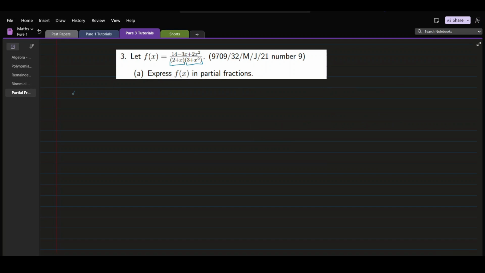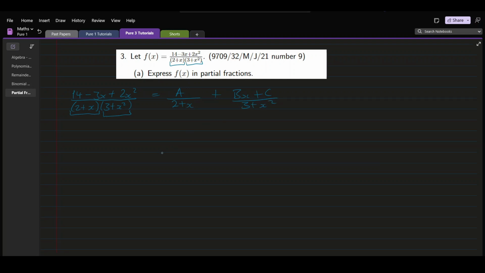So let's write out our f of x, 14 minus 3x plus 2x squared, and this is over 2 plus x times 3 plus x squared, and this is equal to, let's start with our linear factor 2 plus x, so it's just any letter over the linear factor 2 plus x, and then we have a quadratic, so that's bx plus c over our quadratic 3 plus x squared.